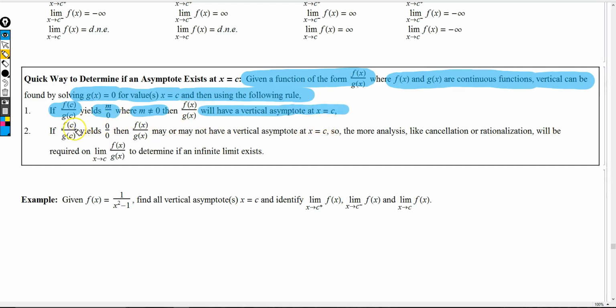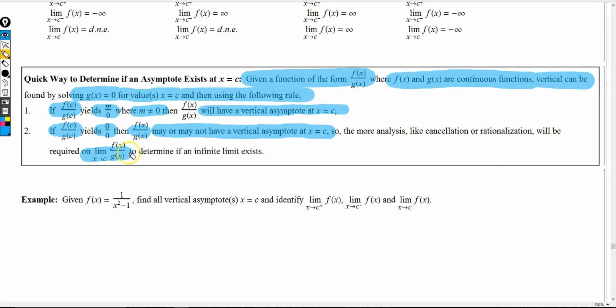On the other hand, if you evaluate f of c divided by g of c and you get 0 divided by 0, then your function f over g may or may not have a vertical asymptote at x equaling c. So you have to do more analysis on the limit as x approaches c of your function. You may need to use the cancellation or rationalization technique, and if when you use those techniques you get back a number, then you would not have a vertical asymptote.